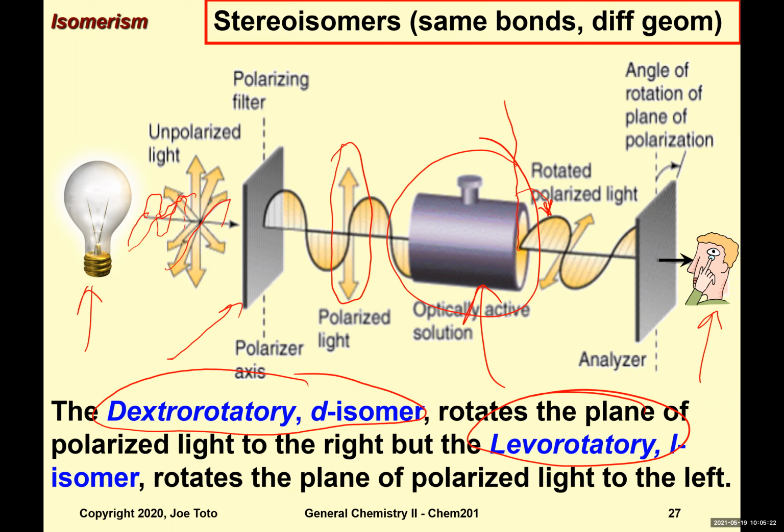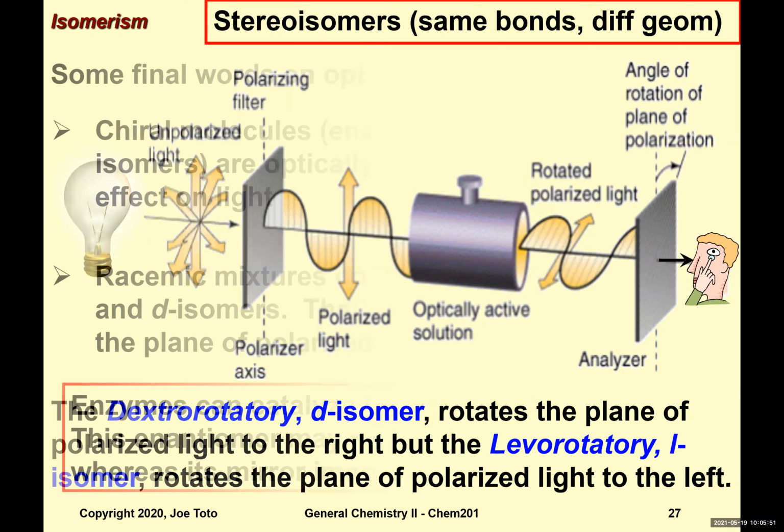So I think this is a pretty good illustration of why we call them optical isomers, because of the way we can detect the different ones. And we should note that because they are very similar in molecular makeup, a lot of the physical and chemistry properties are the same, but some oftentimes are found to be drastically different.